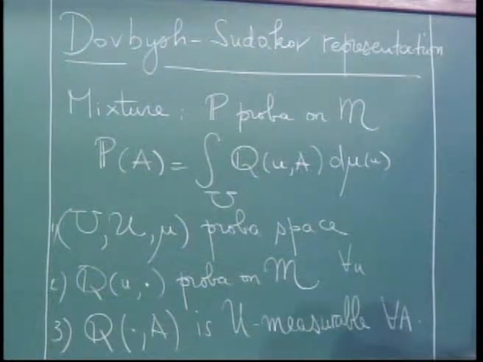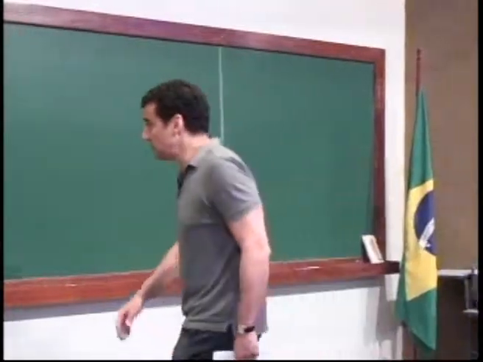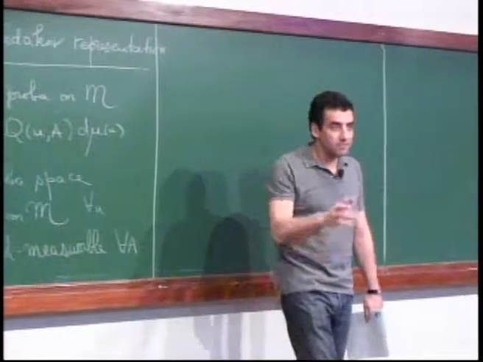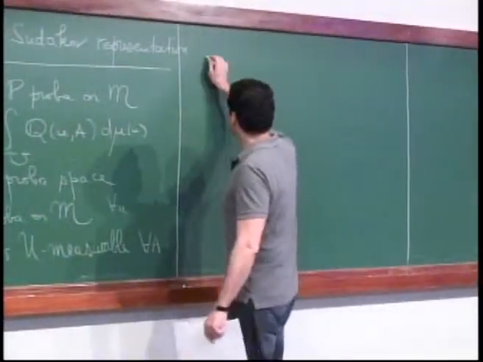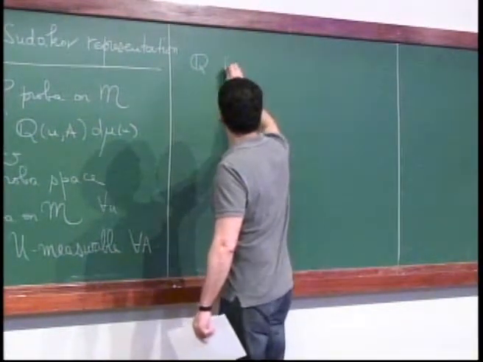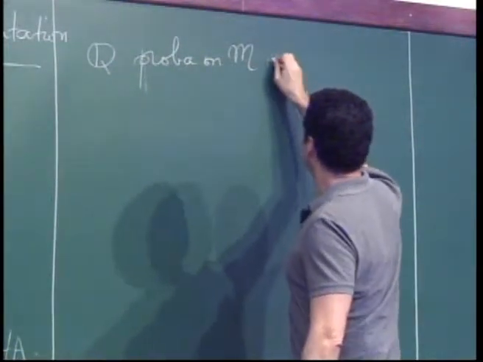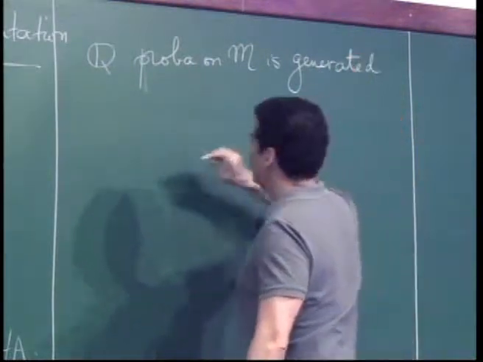All right. Of course, you're happier when this auxiliary space U is finite, for instance. This is a nice mixture because you just have a finite mixture. Now, I will say that Q here is generated, so a probability on M is generated by an IID sample.